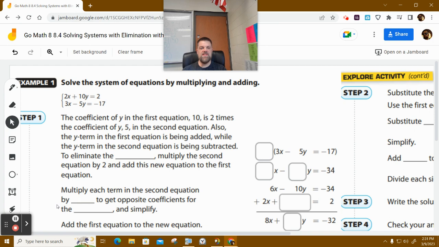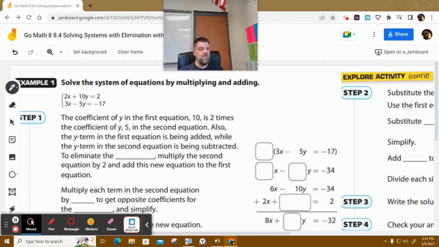Let's do this problem. It says solve the system by multiplying and adding. So we've been lucky in the sense that up until this point, our problems have been kind of rigged up for us. When we solve by elimination, we find an opposite. But if you look at this, there really isn't an opposite. 2x and 3x, if I add them up, is going to be 5x.